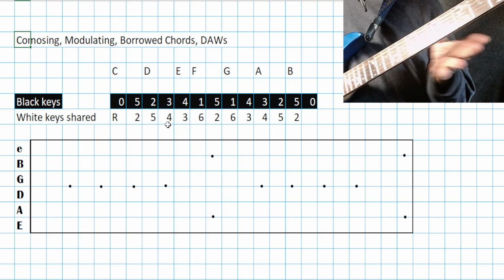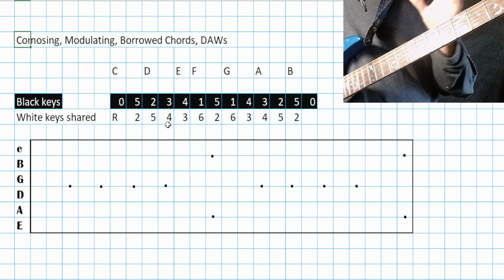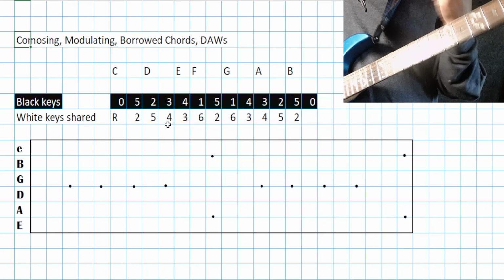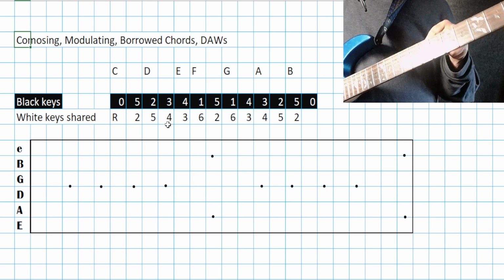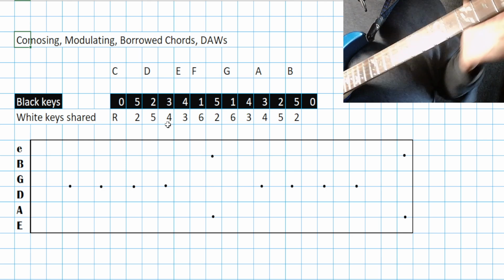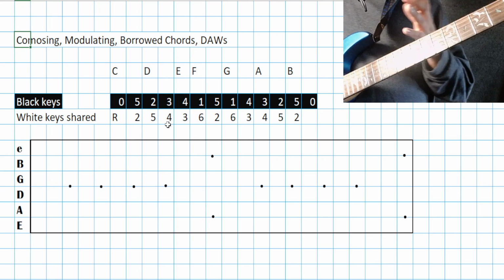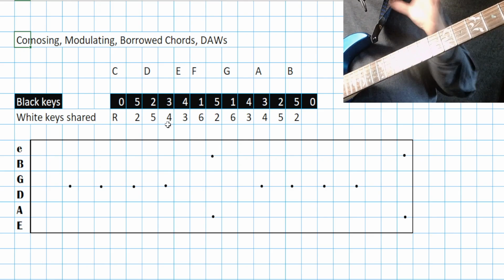Which one of those is an uplift, and which one of those is like a downgrade from the original key? Which one of those borrowed chords is going to sound like maybe would be better suited?